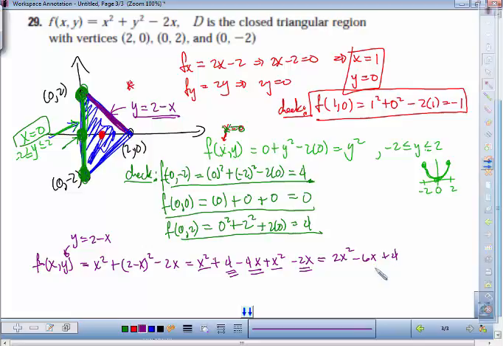So now we're interested in taking a look at this and finding its, oh, by the way, this is good for x values that are between 0 and 2. So what we want to do is find the absolute max and min for this between 0 and 2.